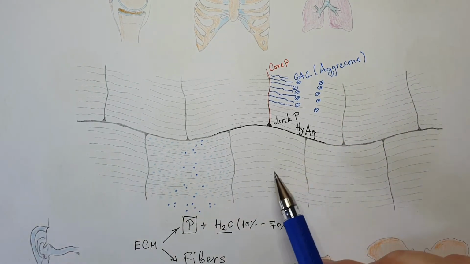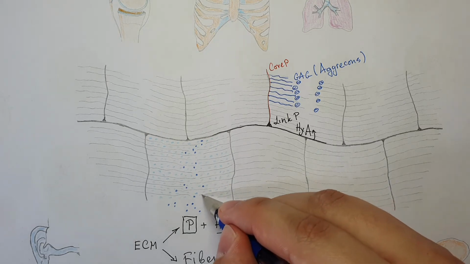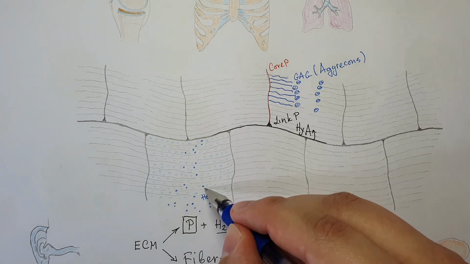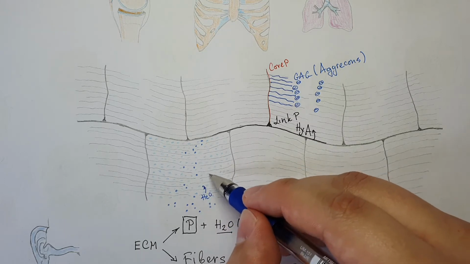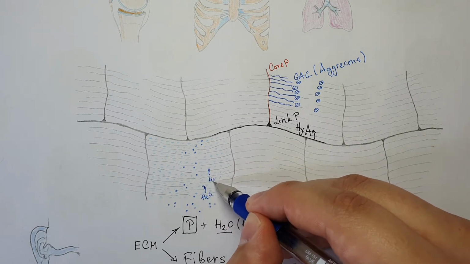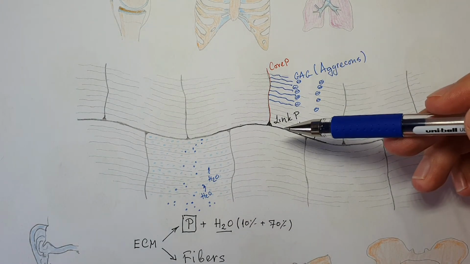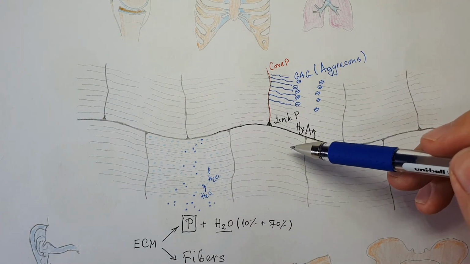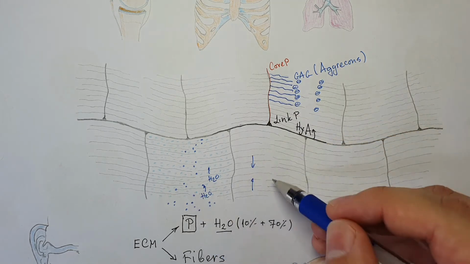In the cartilage, in between these molecules, we have water. The darker molecules are free water, and the lighter molecule is bound water. If we have some pressure on our cartilage, the molecules come together and the water is pushed out.